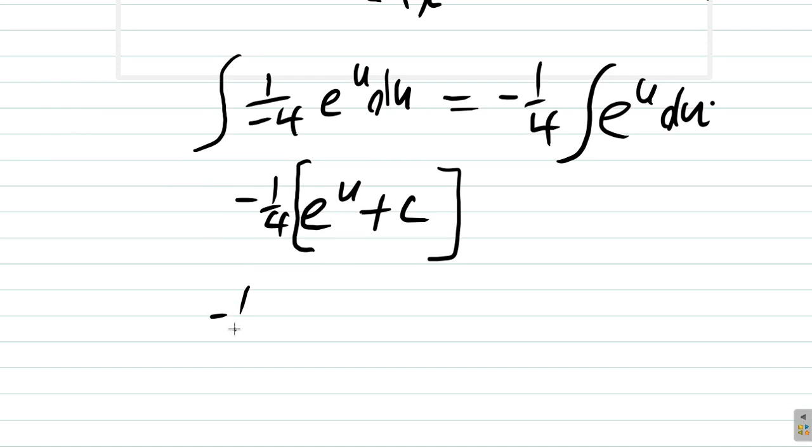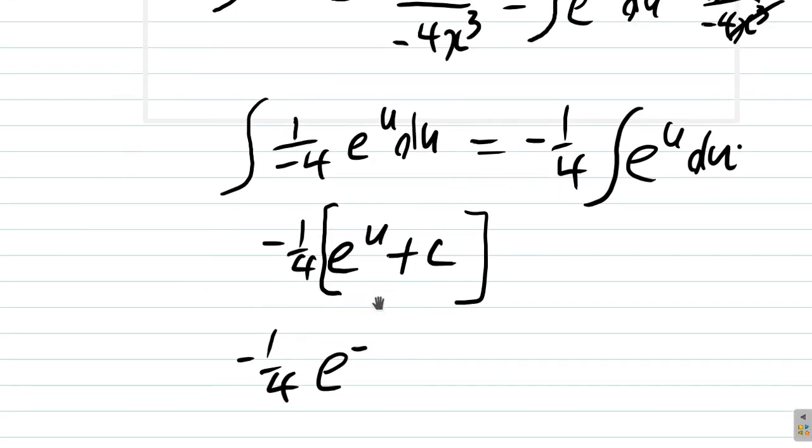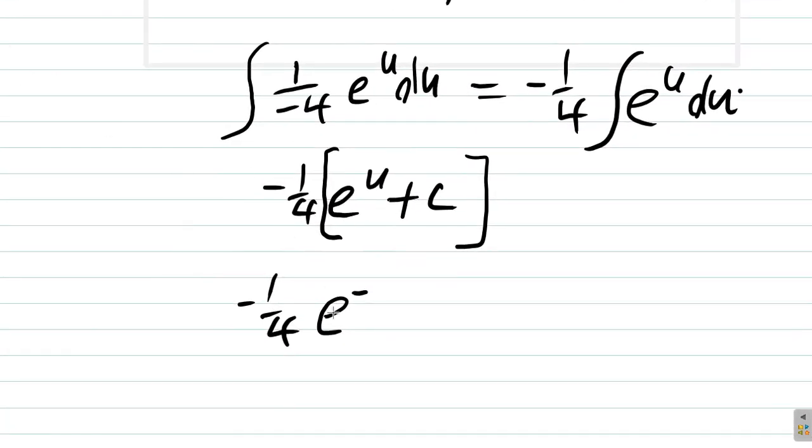So you have negative a quarter e to the negative x to the 4 plus, this would lead to negative a quarter c. Let's call it small c.